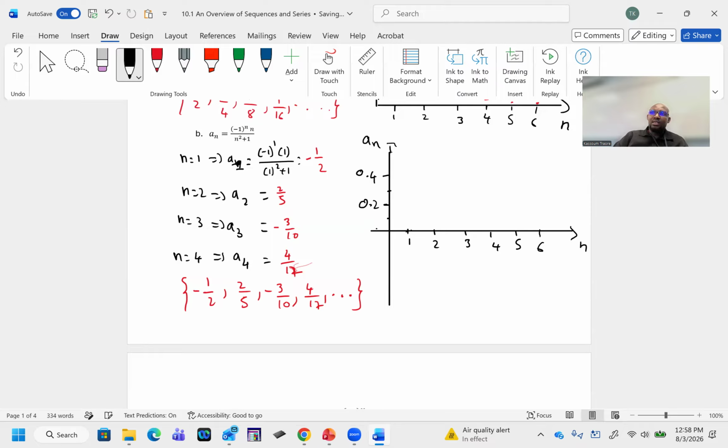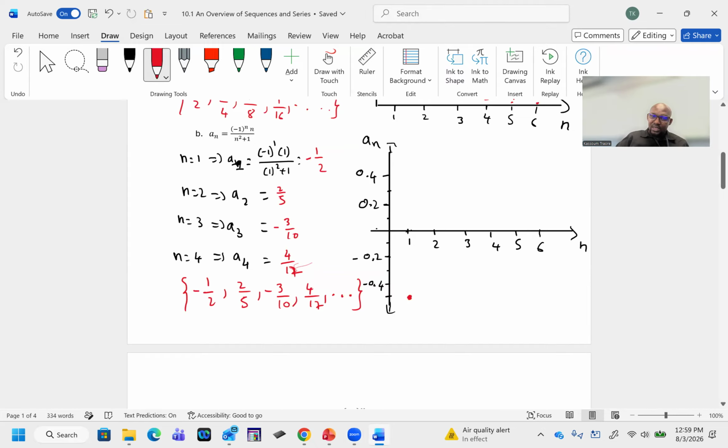And this is n. Let me put -0.2, -0.4. So we know negative 1/2 is -0.5.